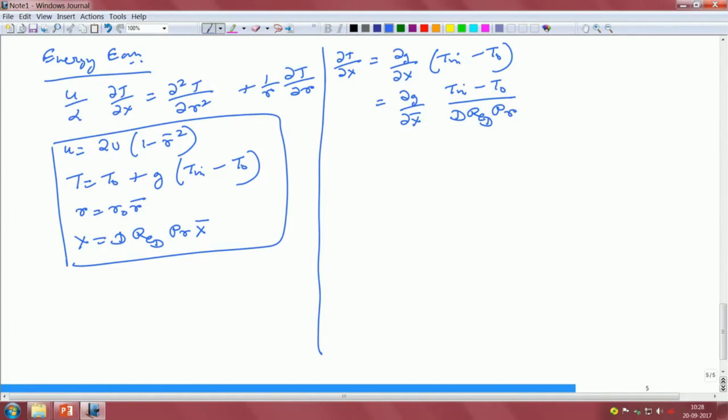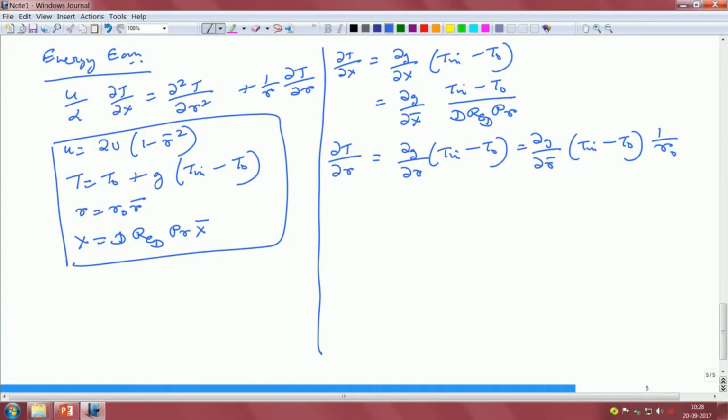We have just used the scale for x in this particular expression. Then of course you have dT by dr, and that is given as dG by dr times T_in minus T naught, which is dG by dr bar times T_in minus T naught into 1 by r naught.